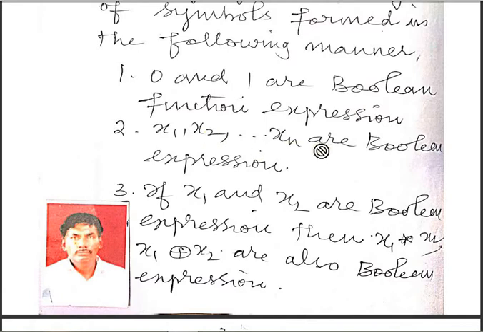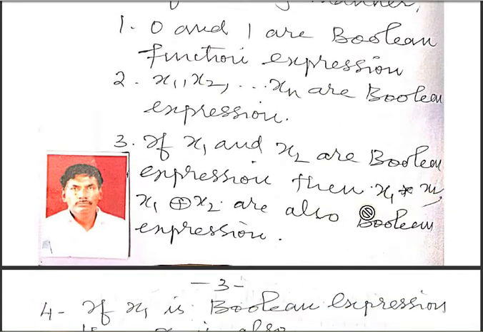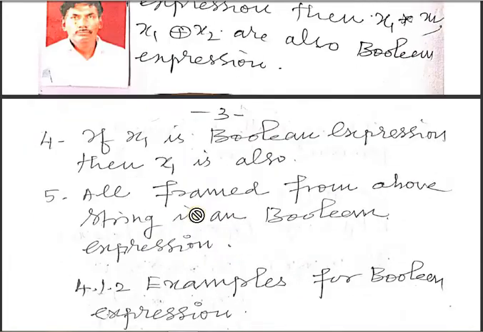If x1, x2, x3, ..., xn are Boolean expressions, then x1 meet x2, and also x1 join x2, are also Boolean expressions. I mean, the meet between Boolean expressions is again a Boolean expression, and the join between Boolean expressions is again a Boolean expression.